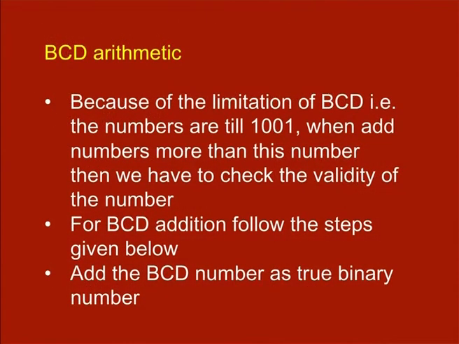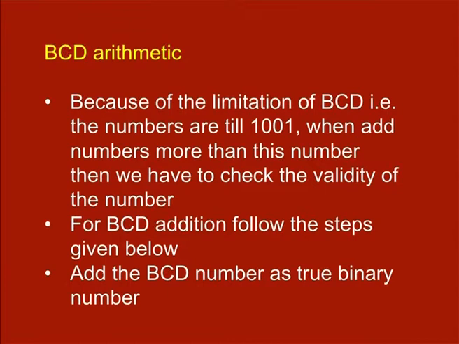Now, let us discuss BCD arithmetic. Because of the limitation of BCD, that is, the numbers go only up to 1001, when we add numbers more than this, we have to check the validity of the number.